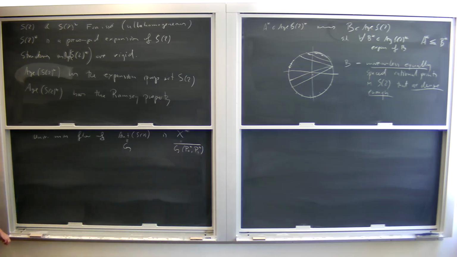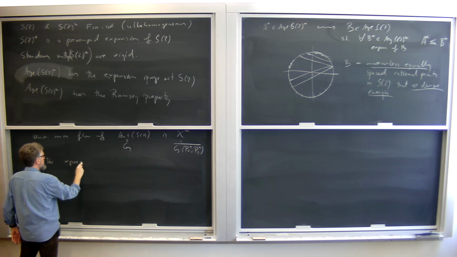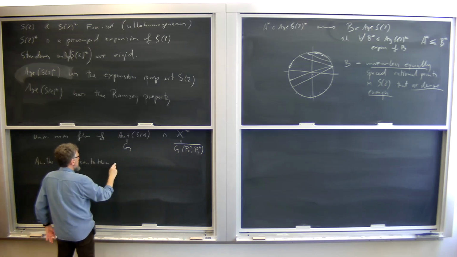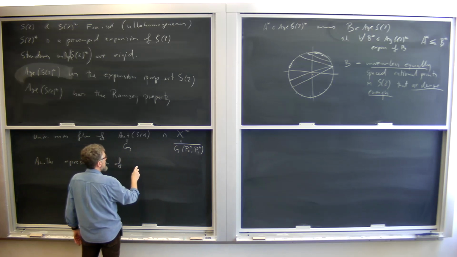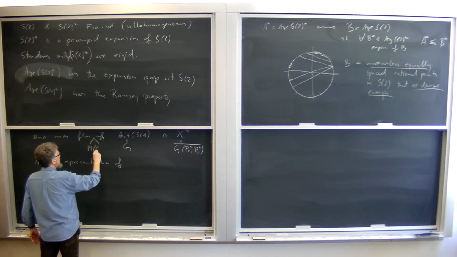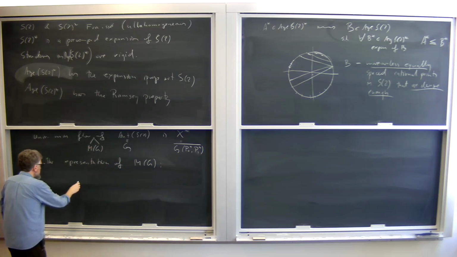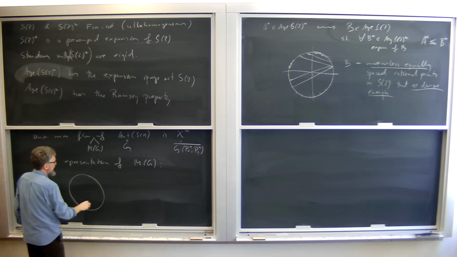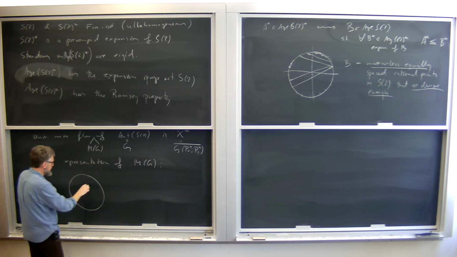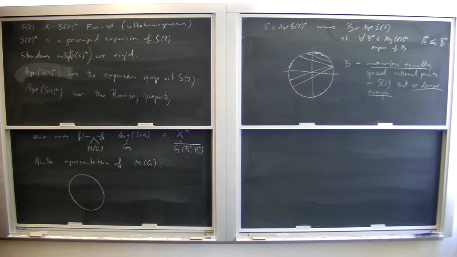So let me just draw another representation of M of G, the universal minimal flow. I'll draw this and leave it to you to check that there is a homeomorphism and so forth. So what you do here, you have this underlying set of SO2.